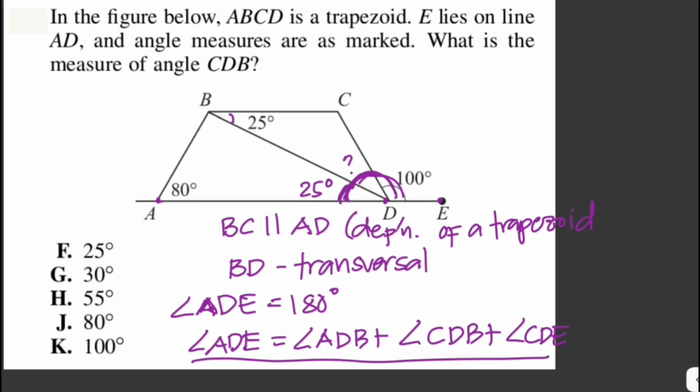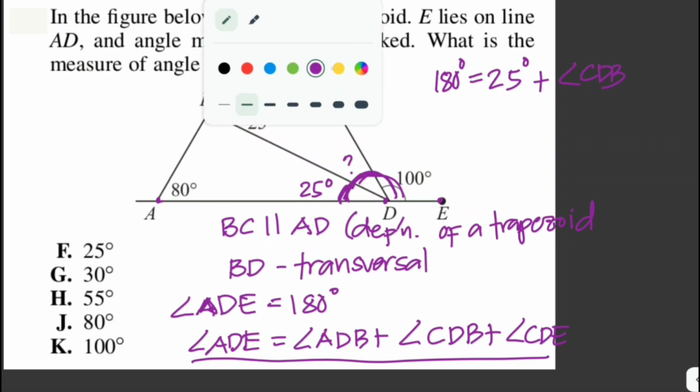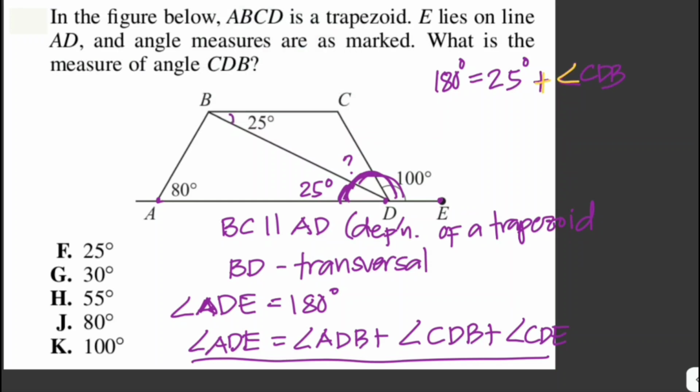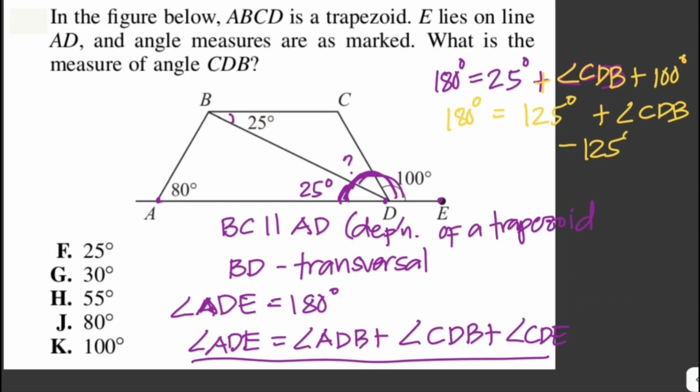So we have 180 degrees equals angle ADB, which is 25 degrees, plus angle CDB plus angle CDE, which is equal to 100 degrees. So 180 degrees equals 125 degrees plus angle CDB, and we subtract 125 from both sides.